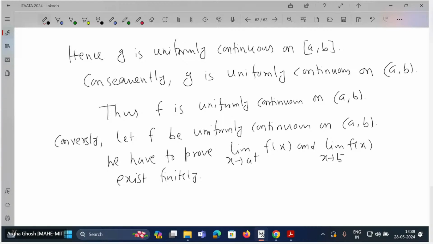Okay, are you getting it? What I am telling you to do? Suppose you have to show that limit x tends to a plus f of x equals to some number L.